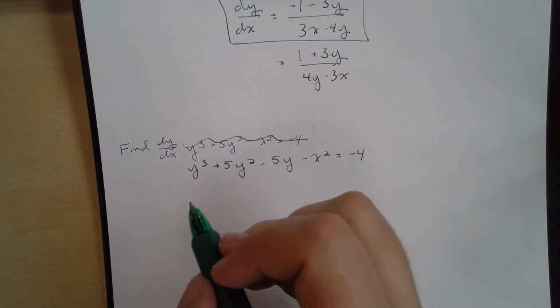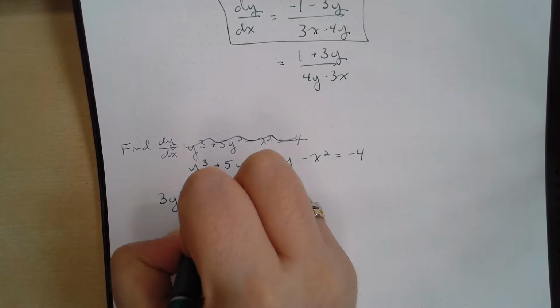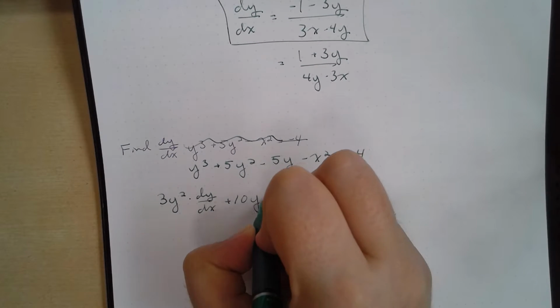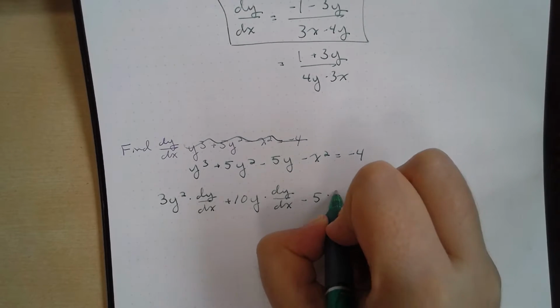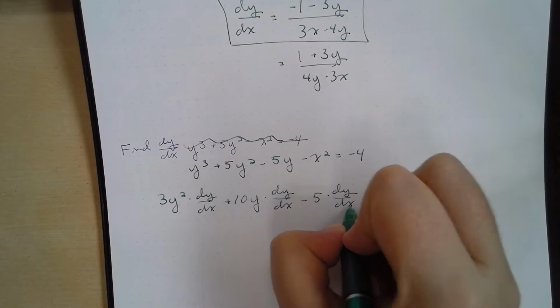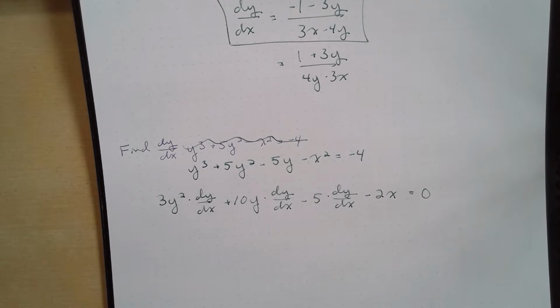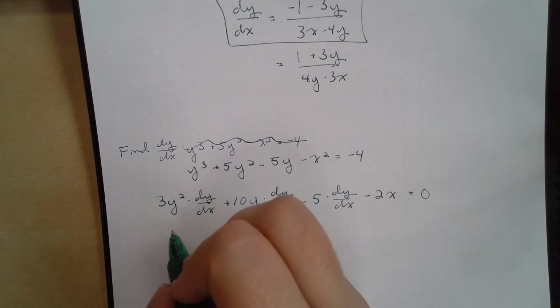All right, so let's find our derivative. We're going to have 3y squared times dy over dx plus 10y times dy over dx minus 5 times dy over dx minus 2x equals 0. A lot of fun things here. I'm going to speed it up a little bit if I can.